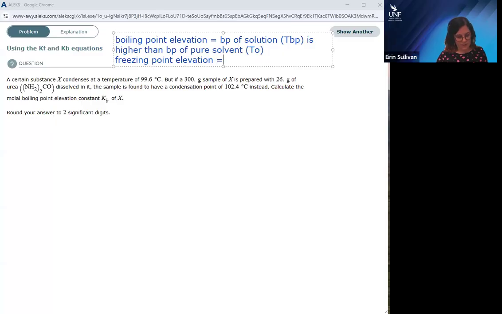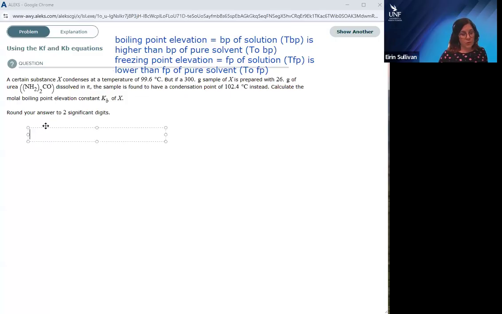Sorry, the freezing point of the solution, we can call that TFP, is lower than the freezing point of the pure solvent. So we're going to call the pure solvent T0 as well, freezing point. Let's differentiate between those. So we can write some expressions to describe that.